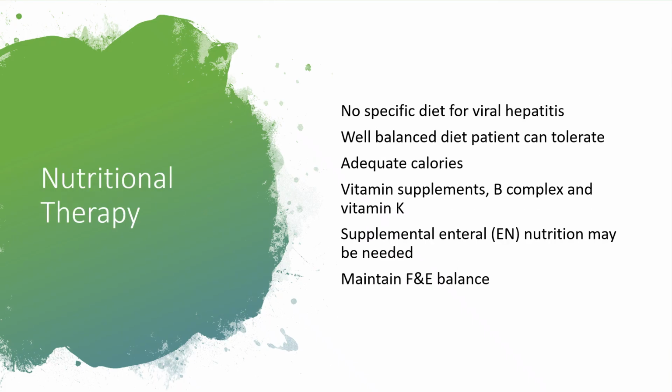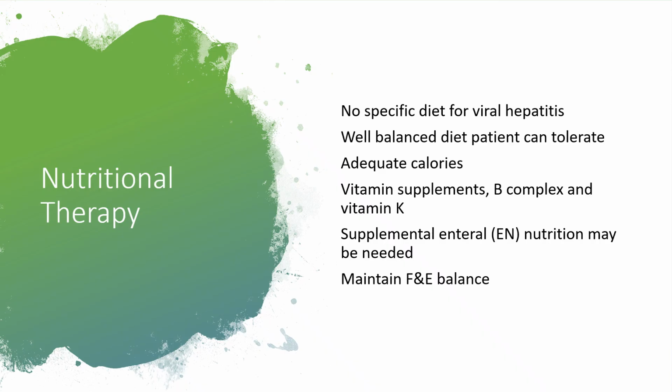No special diet is part of the treatment of viral hepatitis. We want to emphasize a well balanced diet that the patient can tolerate. During acute viral hepatitis, adequate calories are important because the patient usually loses weight. If the patient does not tolerate fat content because of decreased bile production, it should be reduced.